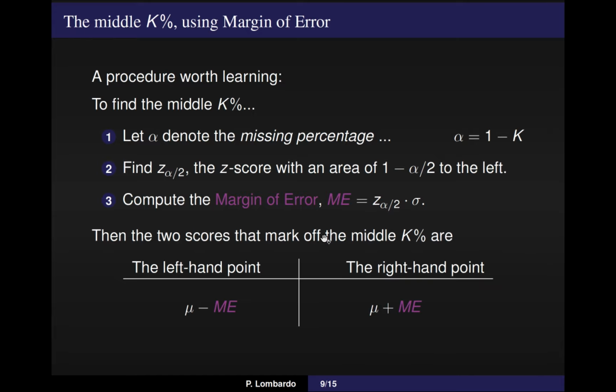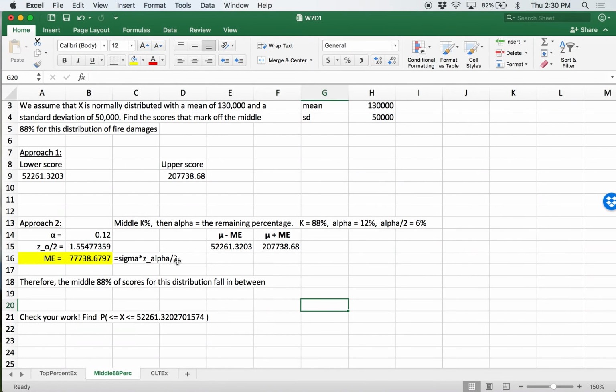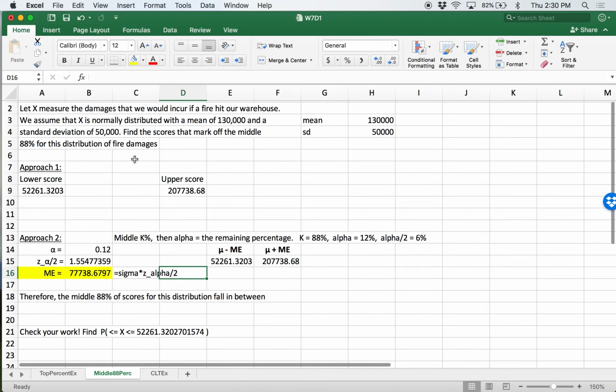Once you know your margin of error, you can find the two scores that mark off the middle. The one to the left will be your mean of the normal distribution minus the margin of error. Where your middle k% stops will be the mean plus your margin of error. And this is exactly what we did when we looked at approach 2 here.